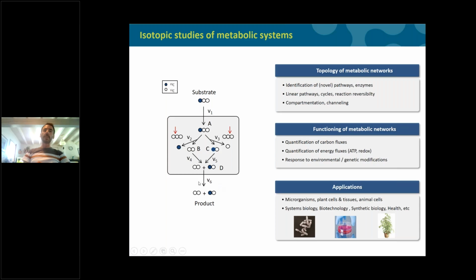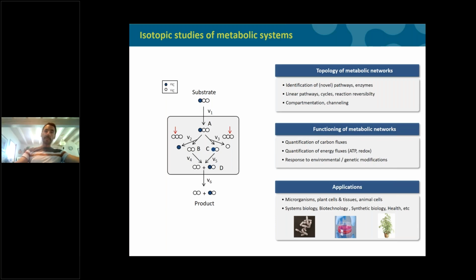So these are widely applied techniques which are useful to study microorganisms, plant cells, tissues, animal cells, and more recently there are many developments toward fluxomics in humans at the whole organ level.